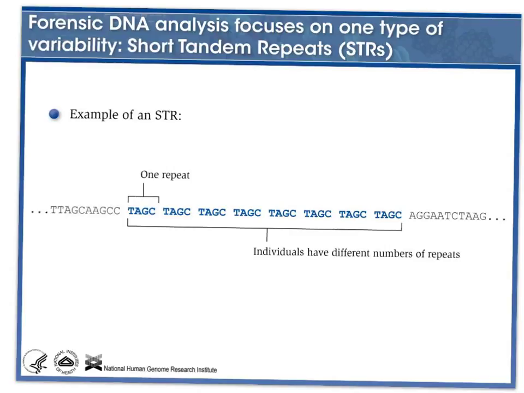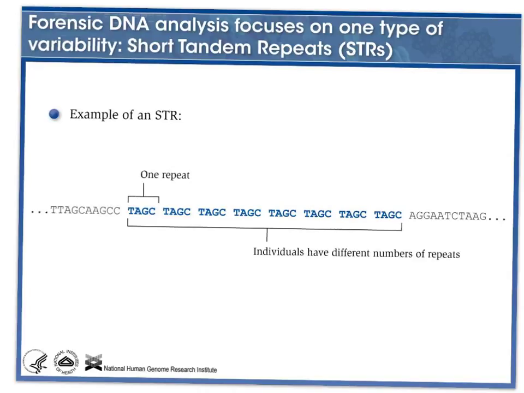The thing is, if you just had this one region that you were looking at, and one person had 8, one person had 4, well, there might be a lot of people in the world who had 4 repeats there, or 8 repeats, or 6 repeats, or whatever. And you wouldn't really be able to differentiate.